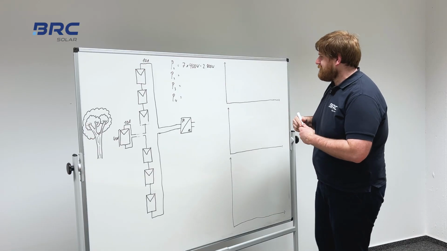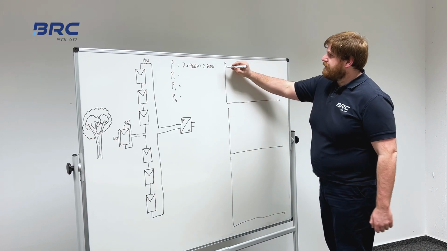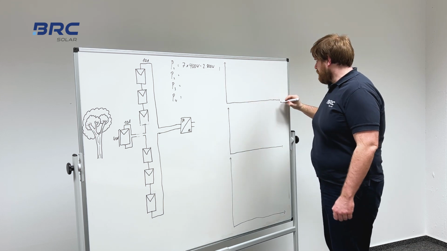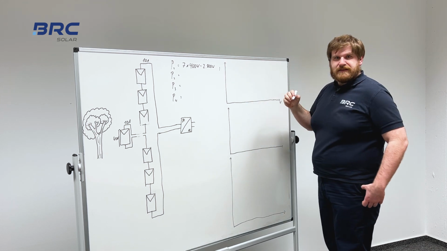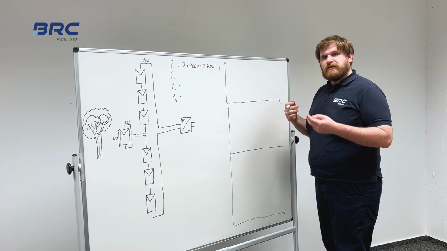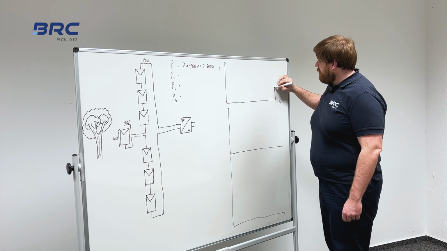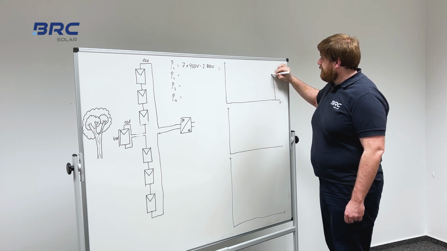Here you can see it also on the inverter graphics. When you see the current and the voltage, you can see that the inverter now is looking for the maximum power point. In order to do that, it increases the current for the best current you can have.